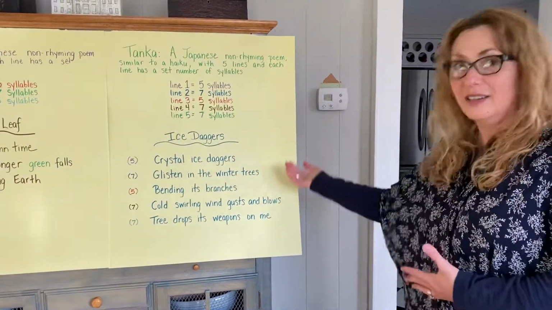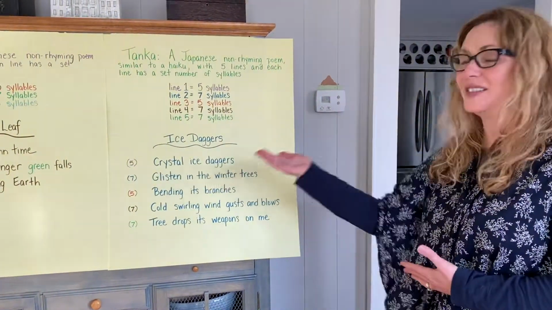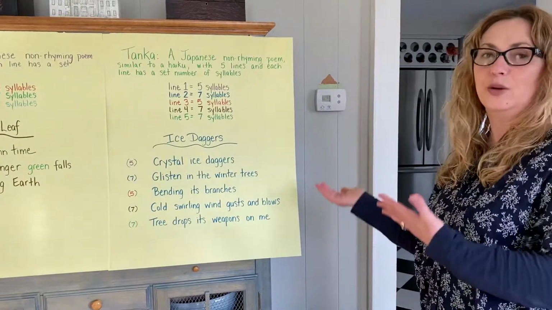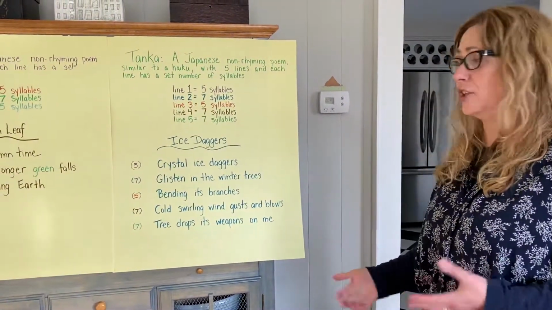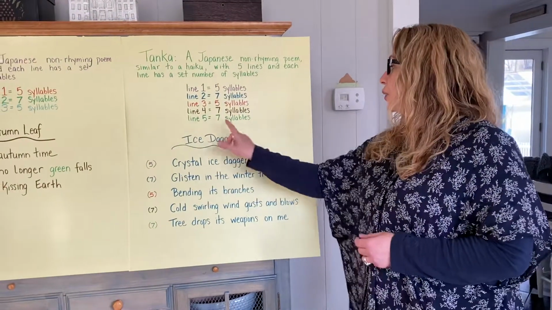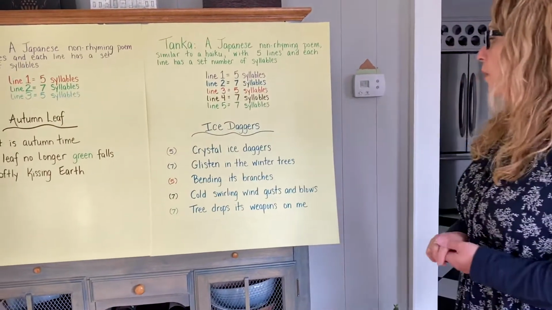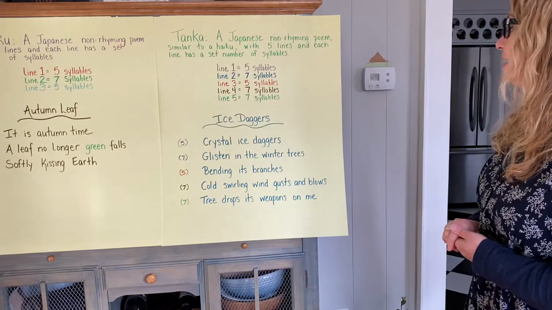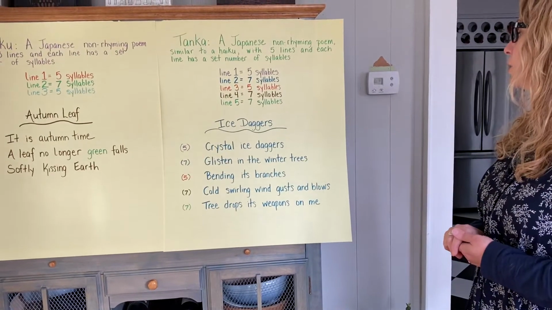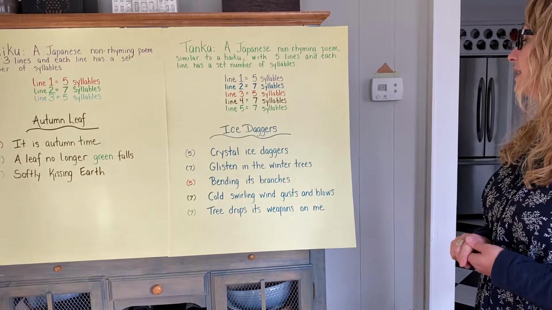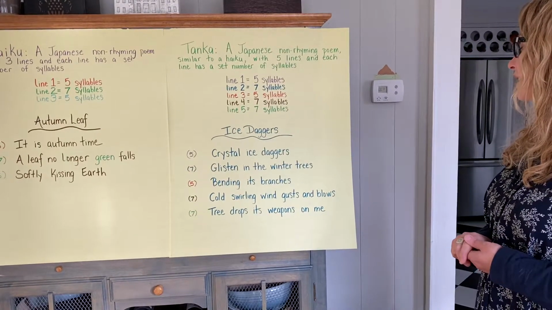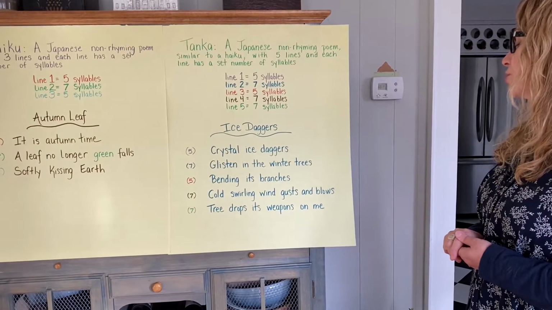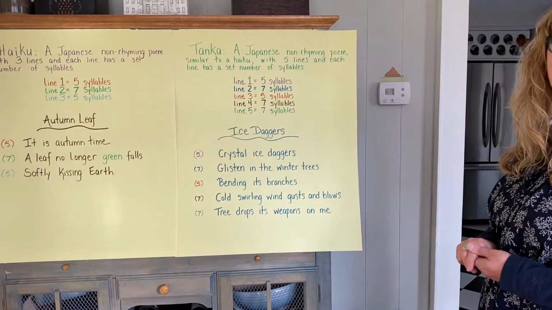Again, you notice the theme. It's often about nature. The Japanese love to write about nature. So Ice Daggers is the name of the poem. Crystal ice daggers glisten in the winter trees, bending its branches. Cold swirling wind gusts and blows. Tree drops its weapons on me.